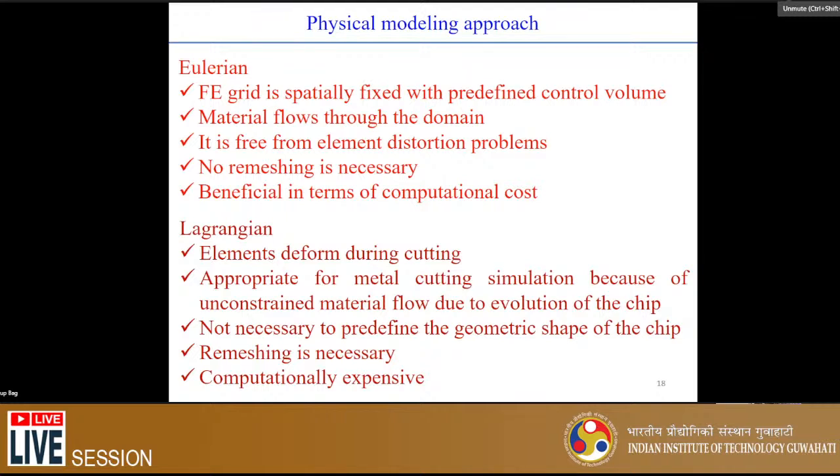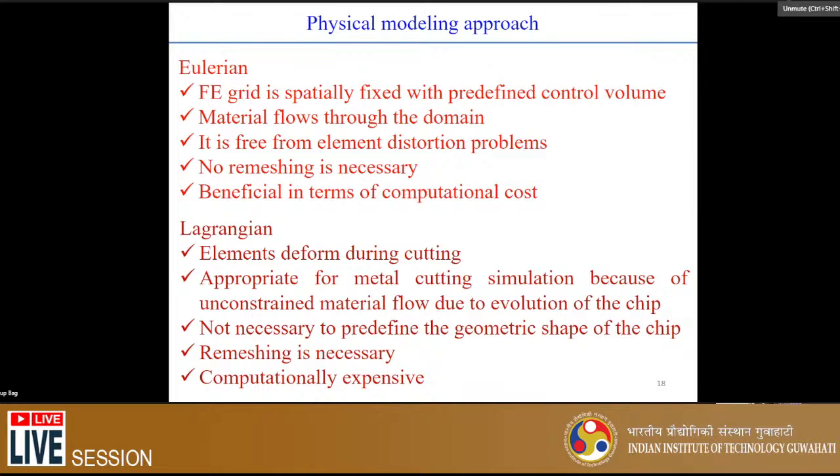But if you look into the Lagrangian approach, here elements actually deform when you deform the material during cutting. It follows the deformation. This may be more appropriate for metal cutting simulation, because the material can flow, the chip is developed and is continuously flowing through the domain. So at some point of time you can allow deformation of the mesh.